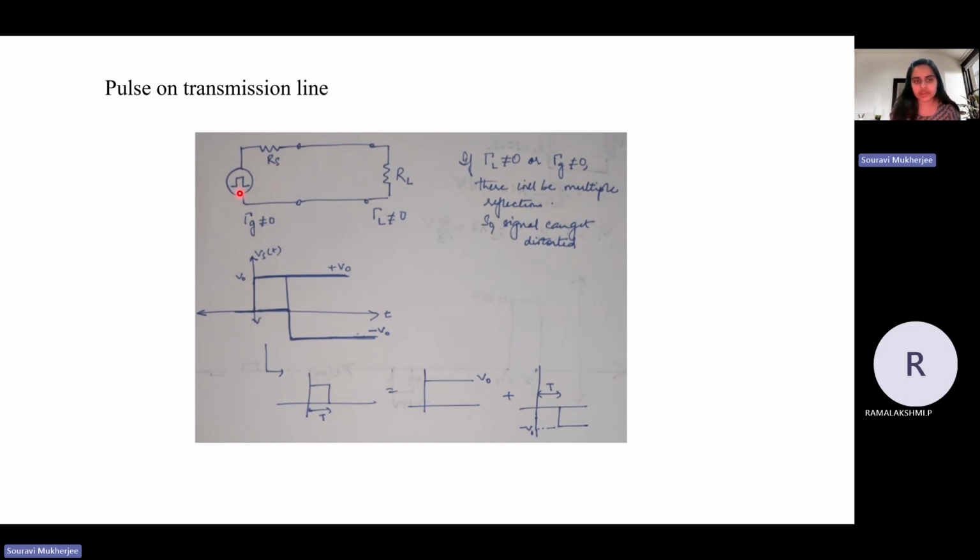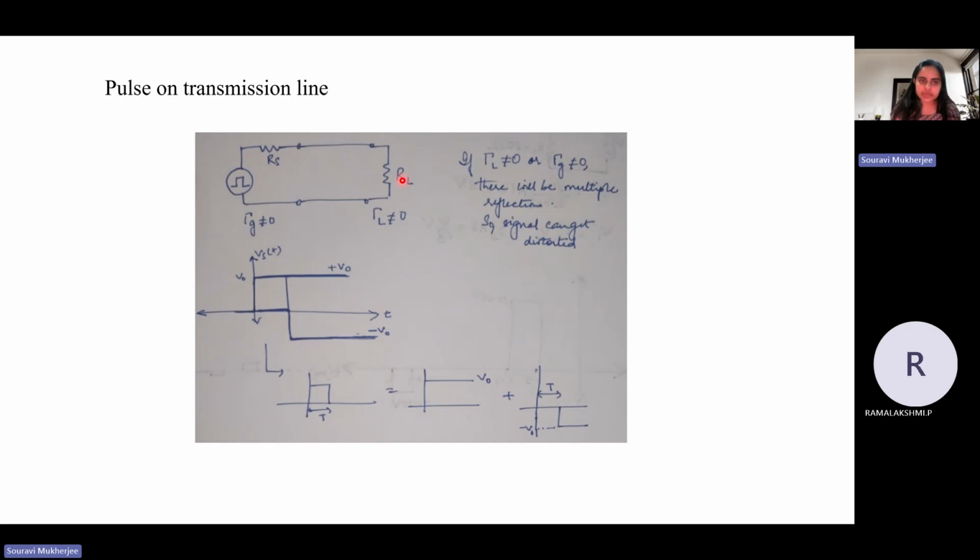Now the question is, if you have some pulse signal at the generator end, what happens there? Because the signal is pulsed, it has a very finite width, and based on whether your wave takes a longer time to propagate, or whether the reflection coefficients are causing very significant reflection, the net signal that you would get at the load end might vary significantly, right?